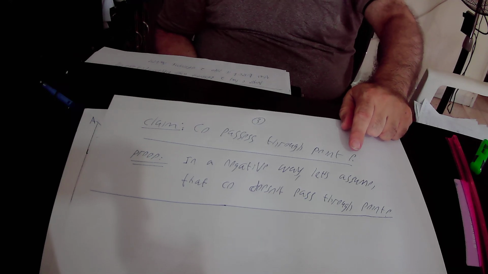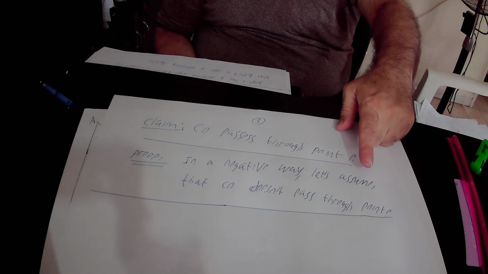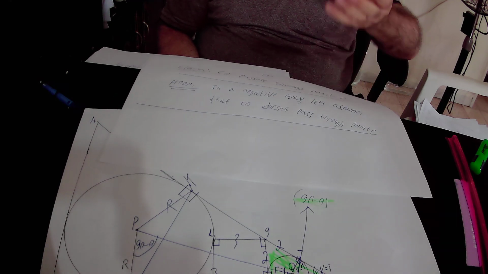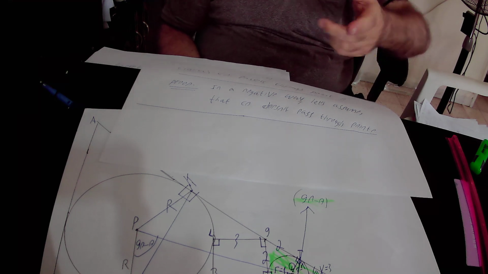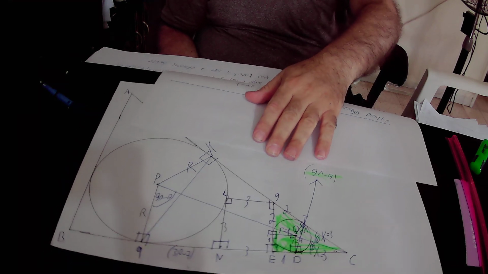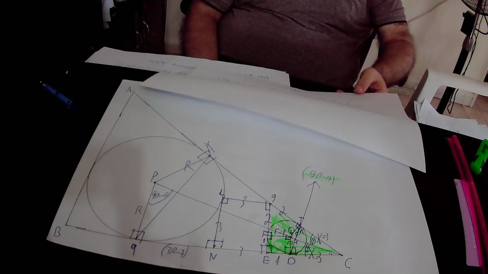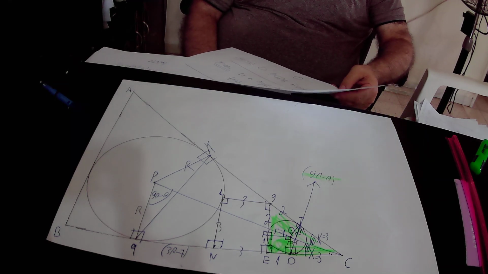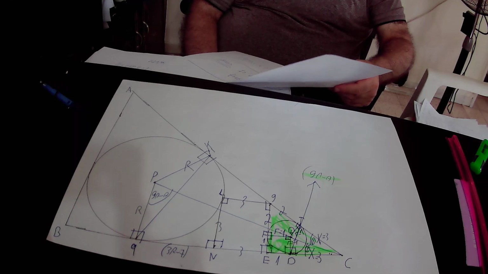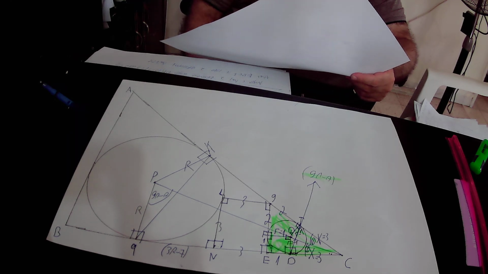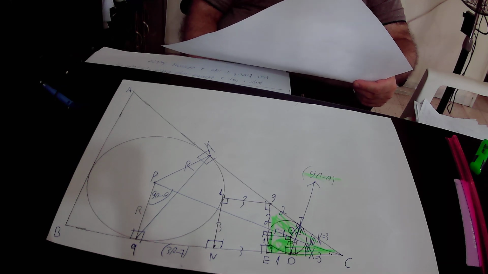That is to say, we assume that CO doesn't pass through point P. Due to our assumption, we get a contradiction, and therefore we must conclude that our assumption is incorrect, wrong.